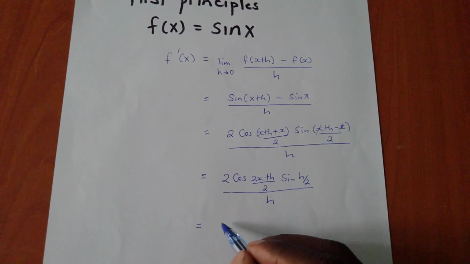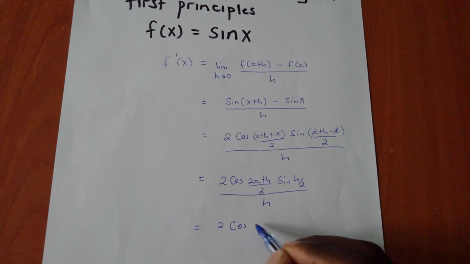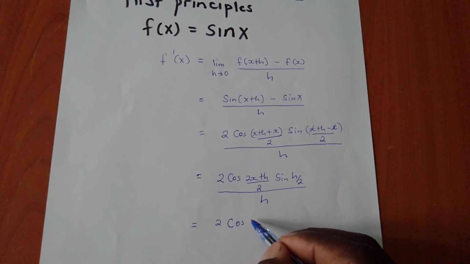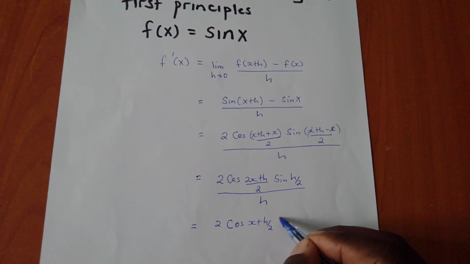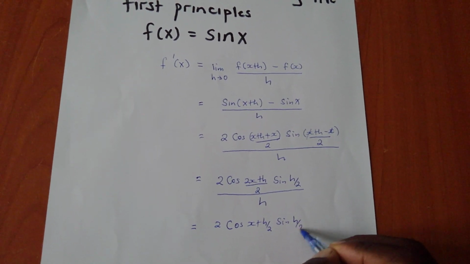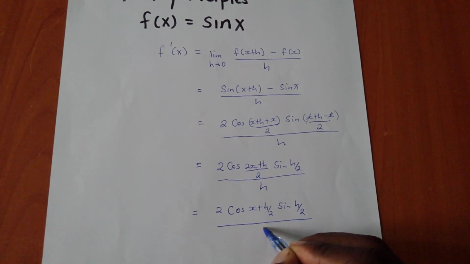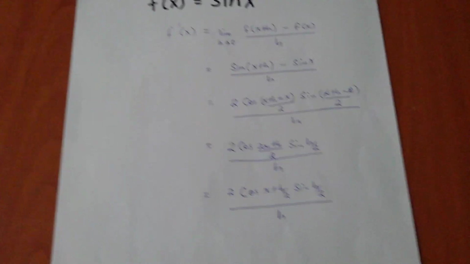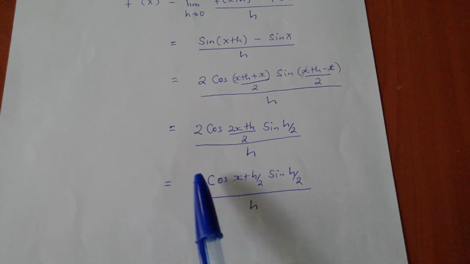So in here I will have 2 cos, if I divide by this I will get (x plus h) over 2 and sine (h over 2) over h. Now in here I want to eliminate a lot of things, but first I want to eliminate these 2.